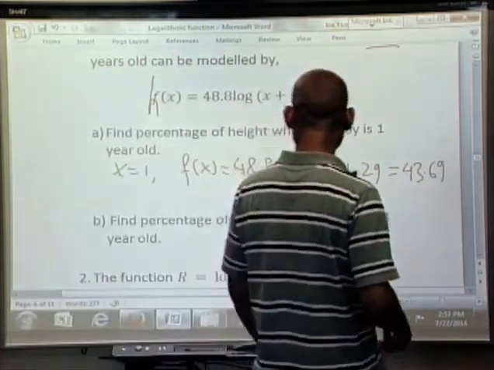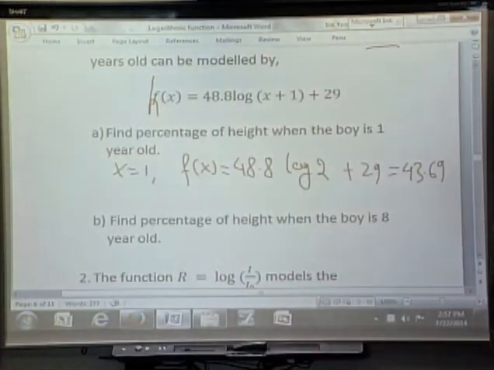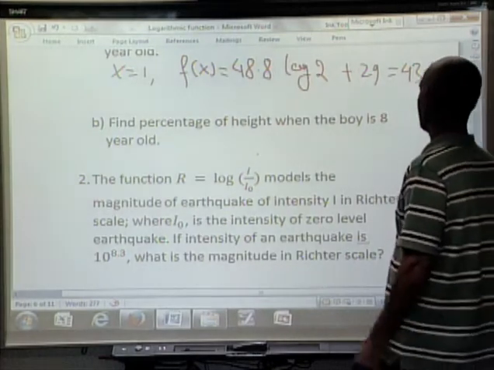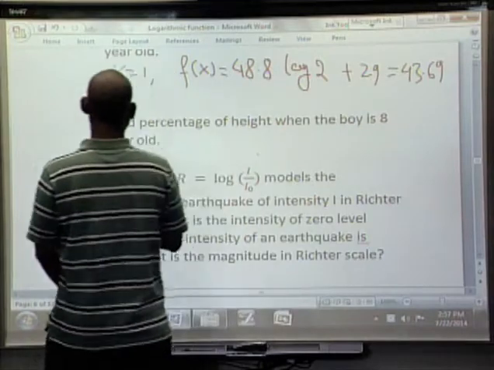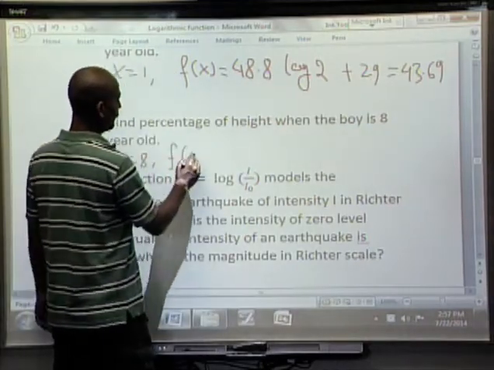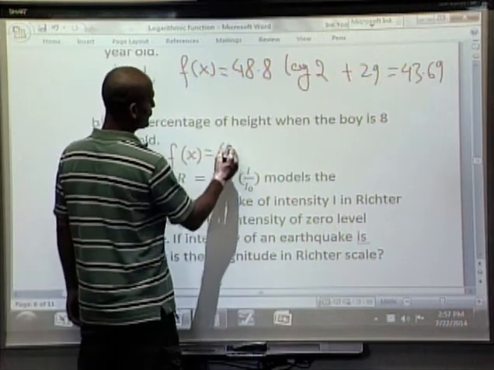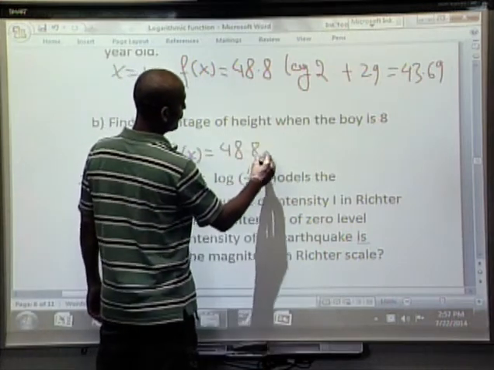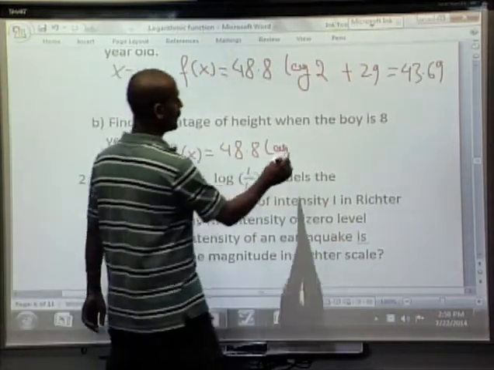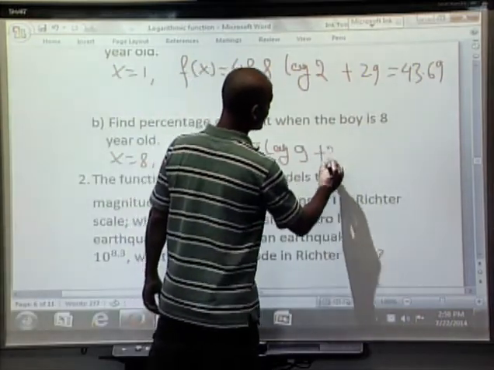Well, now let us find the percentage of the height when the boy is 8 years old. That means x equals 8, and we want to calculate f of x when x equals 8. So, it is again 48.8 log of x plus 1, 8 plus 1 is log of 9, plus 29.